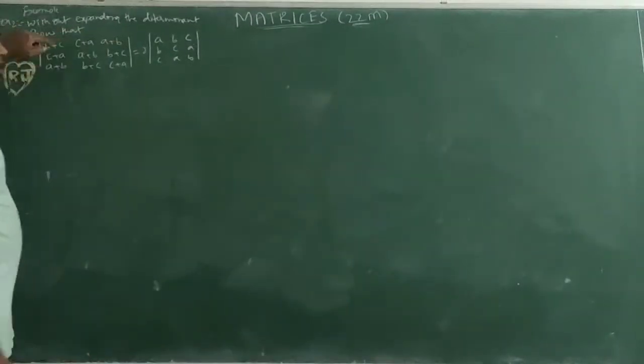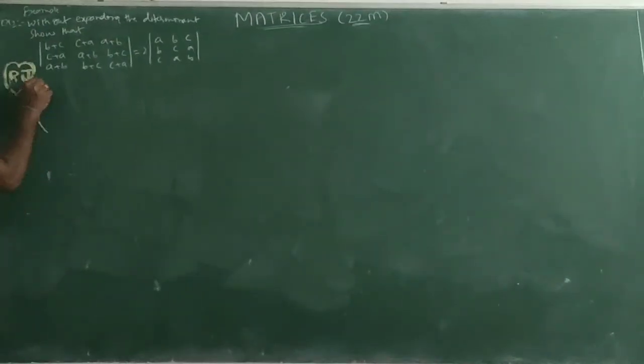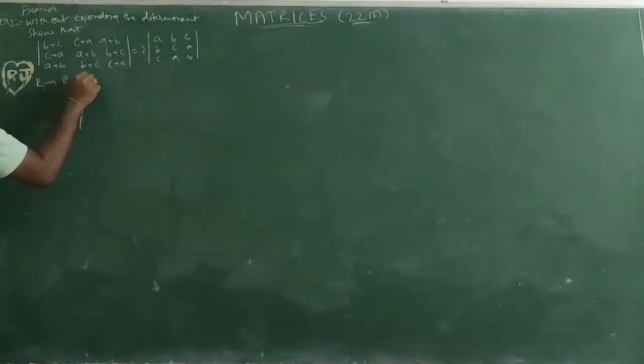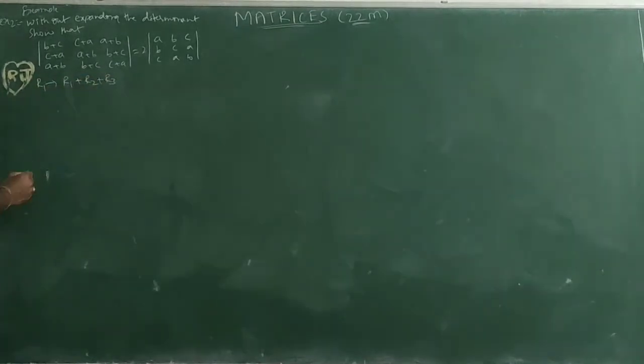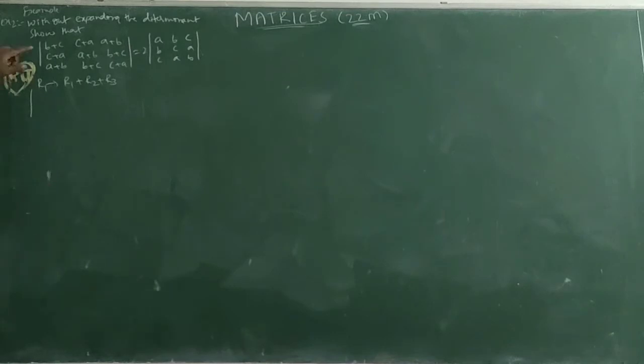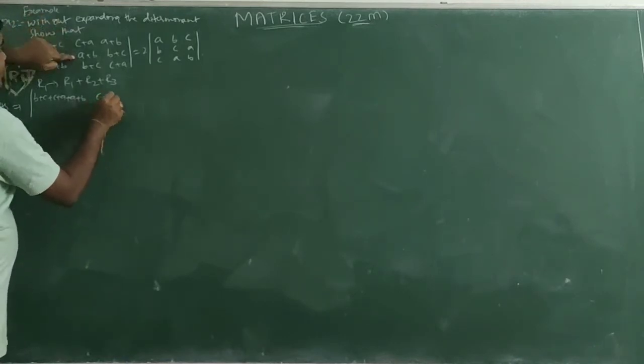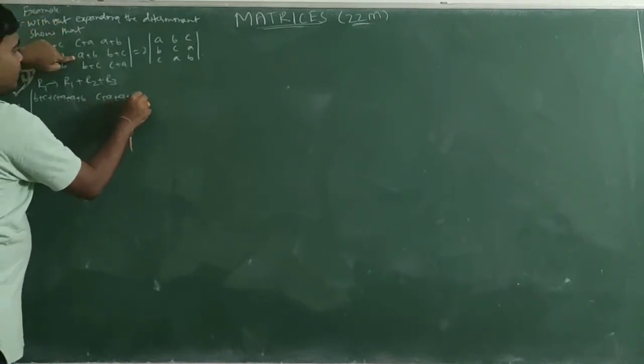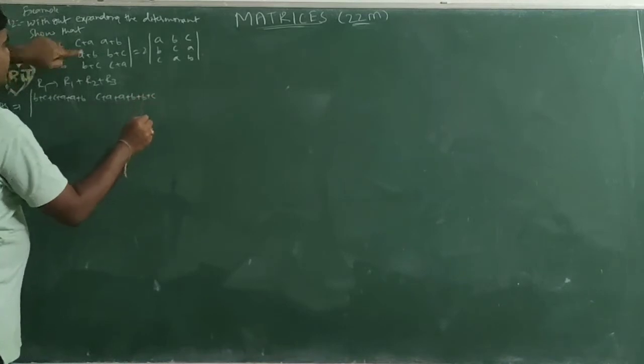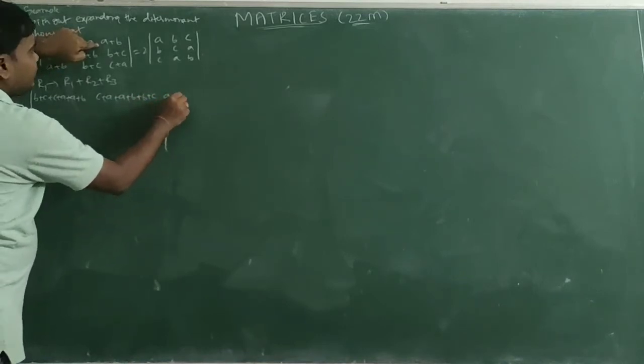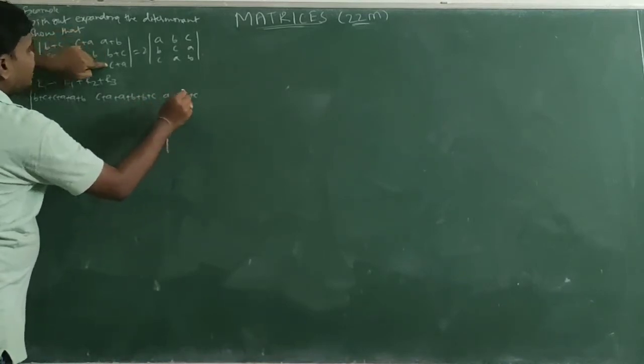So this is R1, R2, R3. I am changing R1 as R1 plus R2 plus R3, adding all these three. So b plus c plus c plus a plus a plus b is the first element.